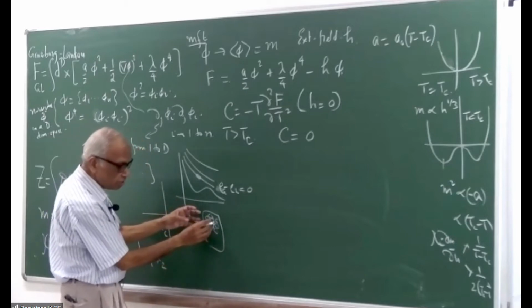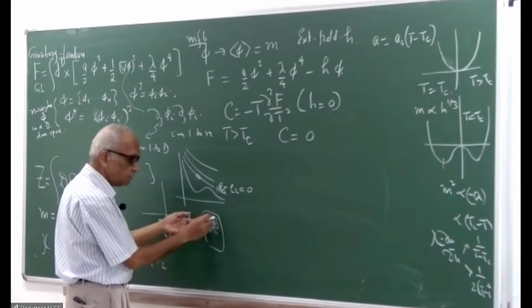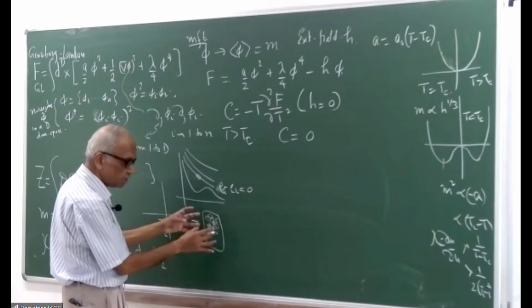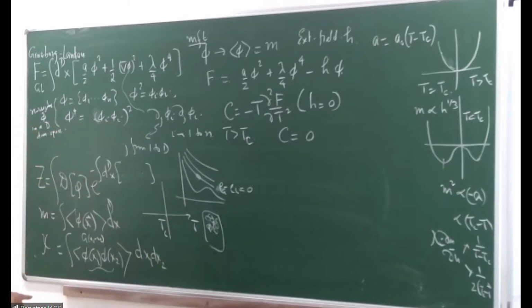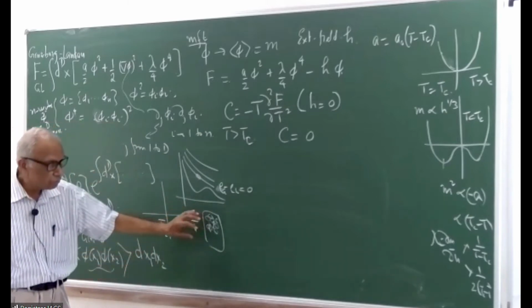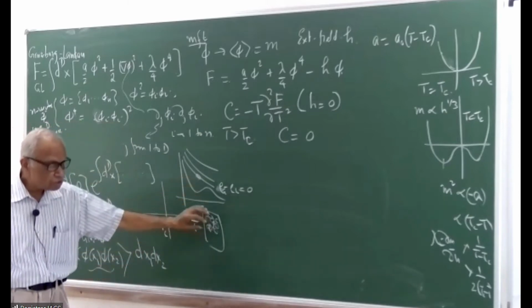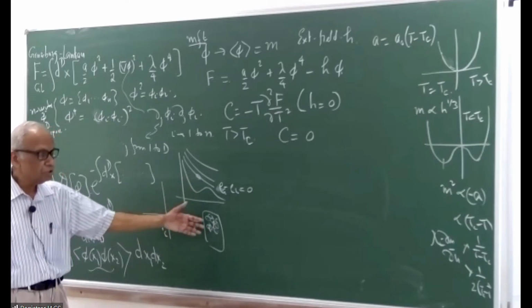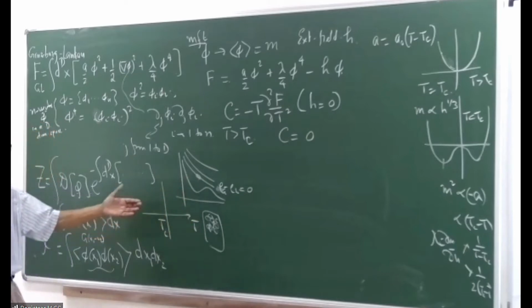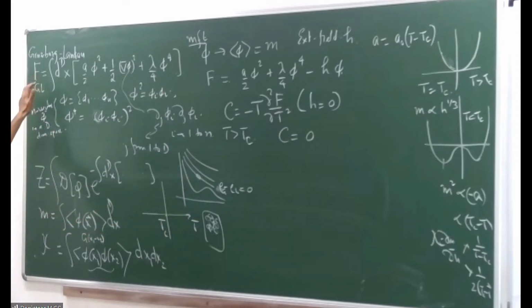Some region in space, and then a little later, maybe this is liquid, this is gas, and so there is fluctuation, which has time dependence, which has space dependence. The question is, how much do these fluctuations contribute to the thermodynamic quantities? And that is being described through this over here.